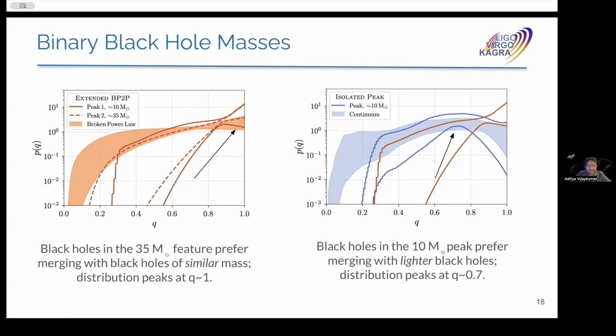Similarly, if we ask the same question about the 10 solar mass feature in the plot on the right, using a weakly modeled approach, we see that the black holes in this 10 solar mass peak prefer merging with lighter black holes, such that the mass ratio distribution peaks at about Q of 0.7, as shown in these blue lines in this plot.